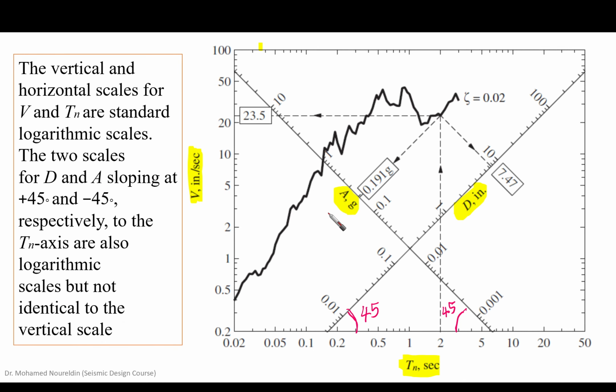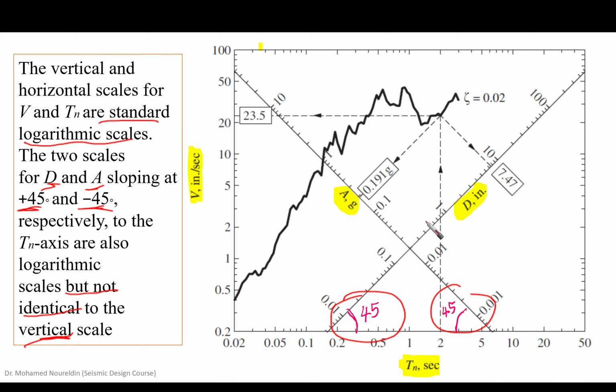Now, in this graph I was explaining, the vertical and horizontal scales for V and Tn are standard logarithmic scales. So here, it is a logarithmic scale for V and also a logarithmic scale for T. The two scales for D and A, sloping plus 45 degrees and minus 45 degrees as I showed here, respectively to the Tn axis, are also logarithmic scales but not identical to the vertical scale.